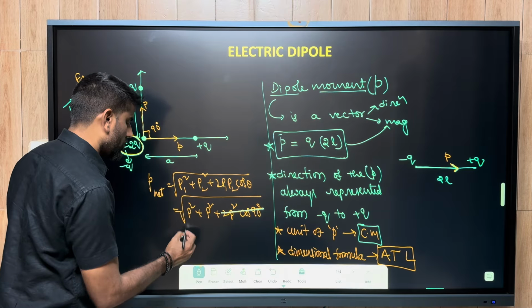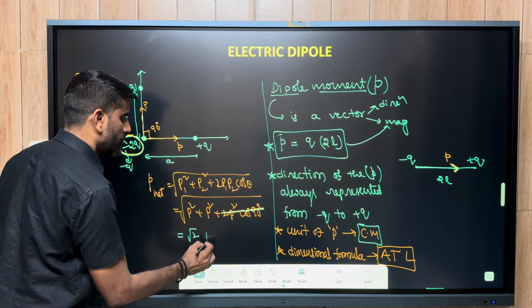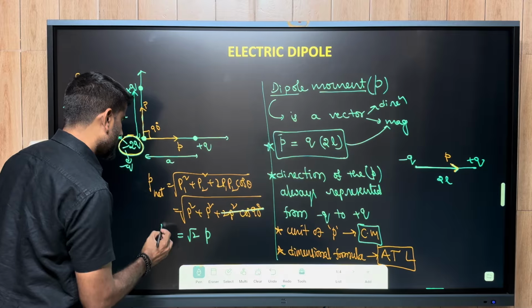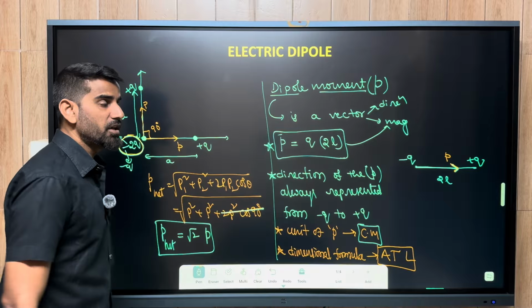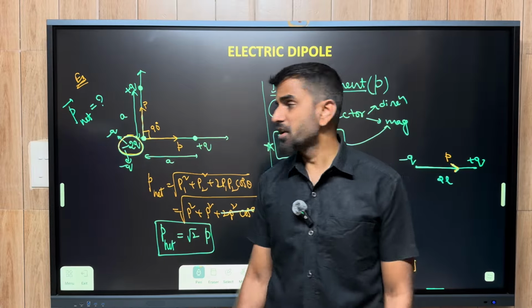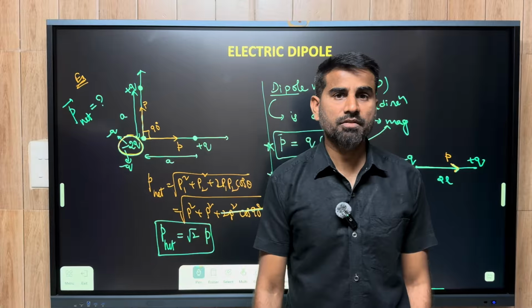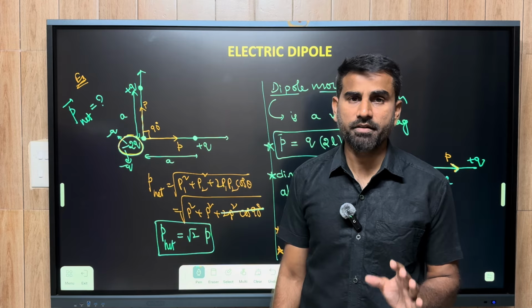So what do I have? P square plus P square, 2P square. We have the root. So root 2 P is the net dipole moment for the given arrangement of charges. Hope this example is very clearly understandable, right?